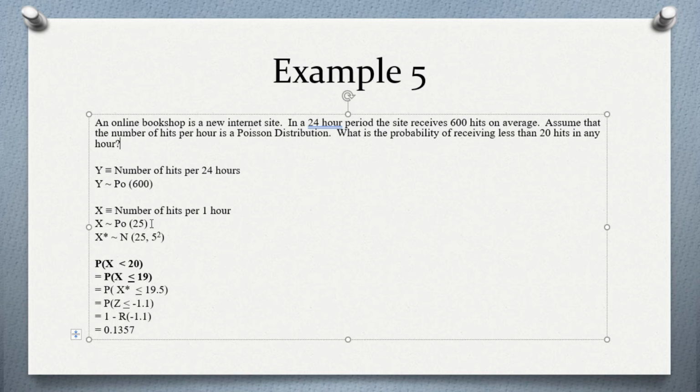You just divide it, you can get the answer. So you know your lambda is more than 10, it's big, you're going to change it to normal. So your lambda is your mean, and square root of lambda, 5, is your standard deviation. Less than 20, if I'm saying less than 20, it is less than or equal to 19, right? Then you add 0.5, you change to z-score, same method, all right?